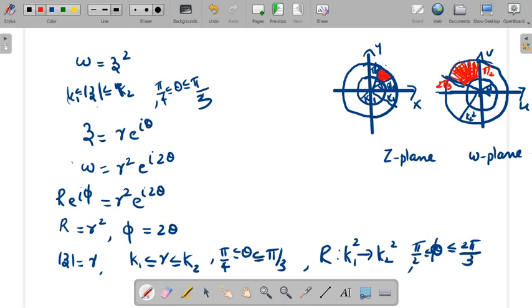The radius is k1 square and k2 square. അപ്പോൾ k1 square തൊട്ട് k2 square വരെ റേഡിയസ് വേരി ചെയ്യുന്നു. ആംഗിൾ pi by 2 to 2 pi by 3. ഇപ്പോൾ നിങ്ങൾക്ക് ഇവിടെ നോക്കിയാൽ അറിയാം ഈ സെക്ടറിൻ്റെക്കാളും സൈസും മാറിയിട്ടുണ്ട്, പൊസിഷനും മാറിയിട്ടുണ്ട്. ഇതിൻ്റെ ഇവിടെ pi by 4 എടുക്കുമ്പോൾ അതിൻ്റെ ഡബിൾ ആണ് വരിക. അപ്പോൾ നിങ്ങൾ z ക്യൂബാണ് നിങ്ങളുടെ മാപ്പ് എന്ന് വെച്ച് കഴിഞ്ഞാൽ അതിനനുസരിച്ച് pi by 4 ആണെന്നുള്ളത് 3 pi by 4ലേക്ക് ചേഞ്ച് ചെയ്തിട്ടുണ്ടാവും. സോ ലൈക്ക് ദിസ് യു ക്യാൻ ഫൈൻഡ് the images using polar form of the variables z and w.